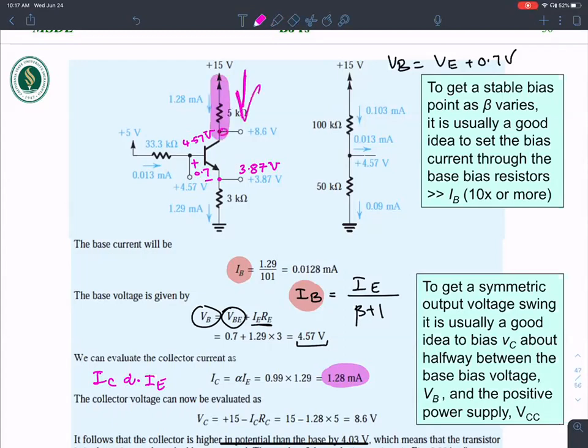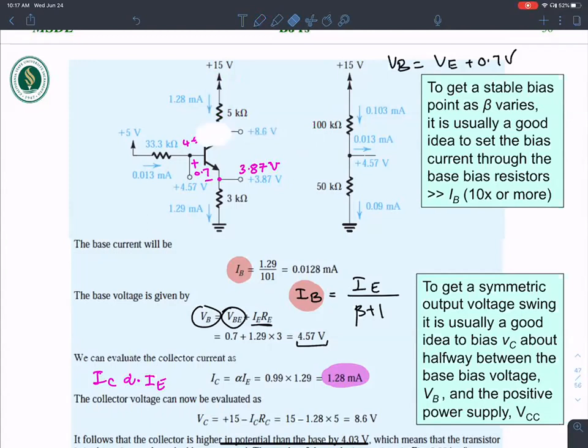Once I have IC to be 1.28 milliamperes, I should be able to calculate the voltage at this node, VC.